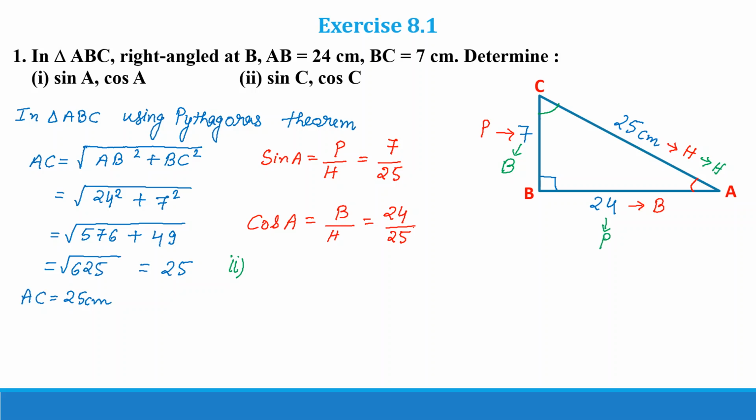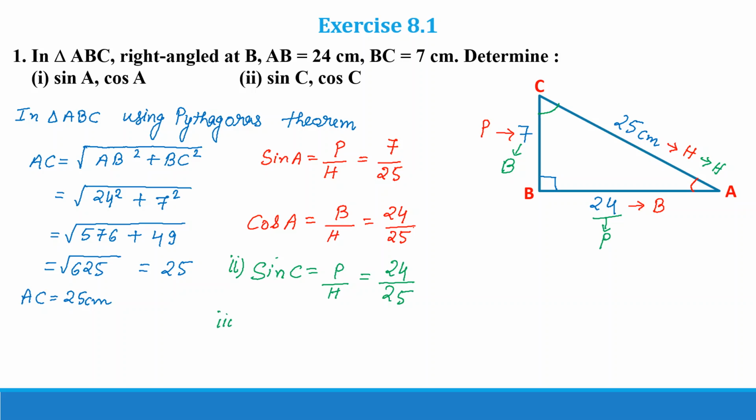You can see with the green color, I have shown the positions of perpendicular, base and hypotenuse when we consider angle C. Now if I have to calculate sine C, it will again be equal to perpendicular by hypotenuse. For angle C, the perpendicular's length is 24, so it will be 24 by 25.